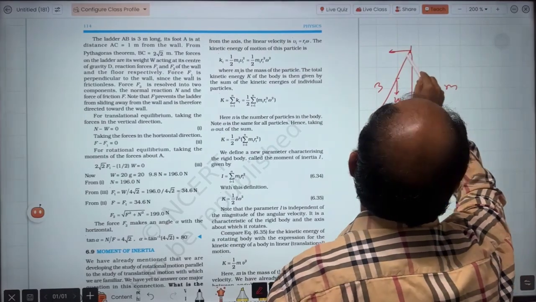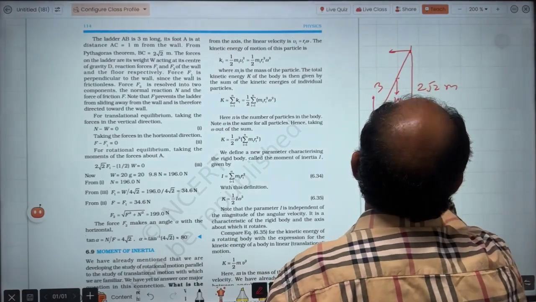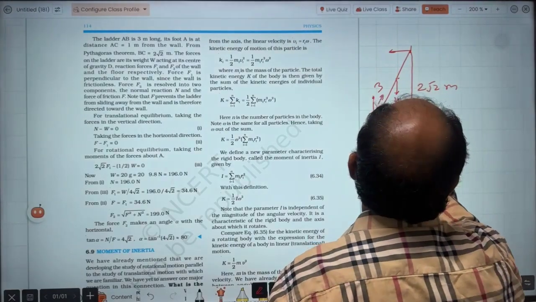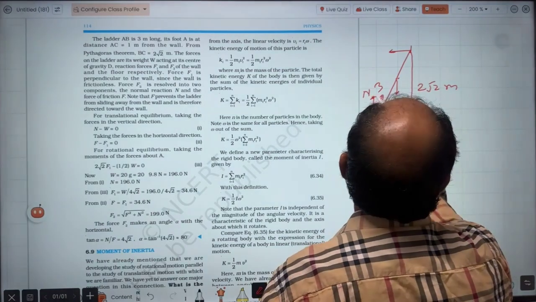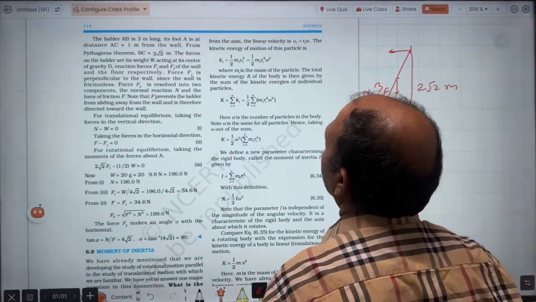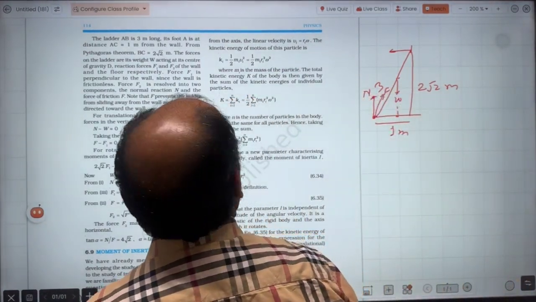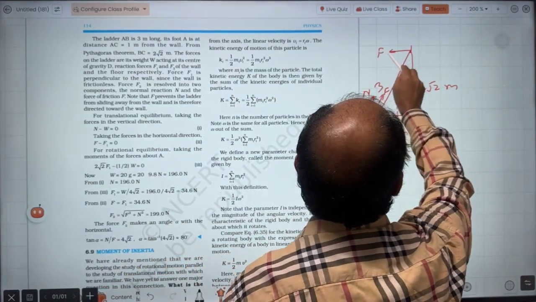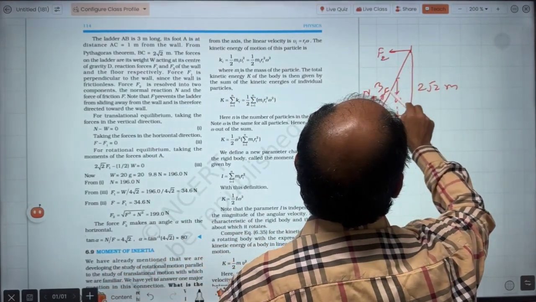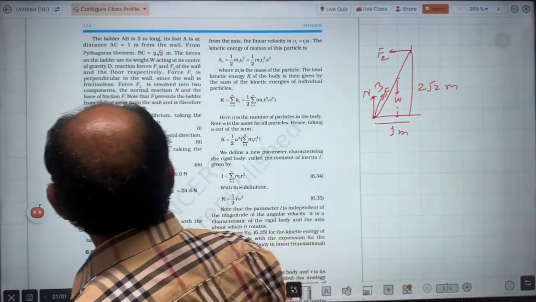Here one force is acting, and here there is another force, the wall reaction, F1. So different forces are there. So there is one force here. If it is F2, this is F1.